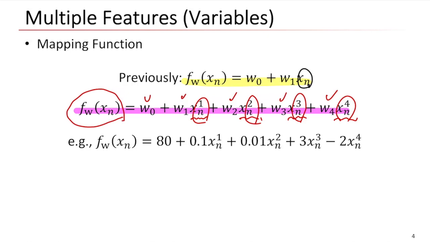Actually, we introduced this coefficient to consider the bias term. We will discuss this in the next slide, but we can just represent the mapping function of the multiple variables like this.